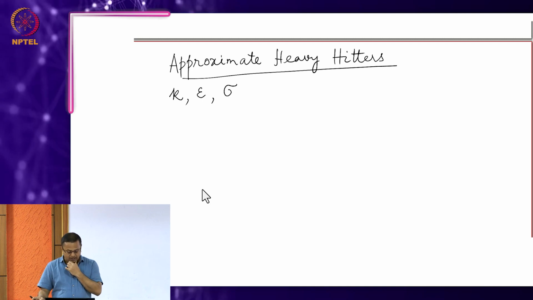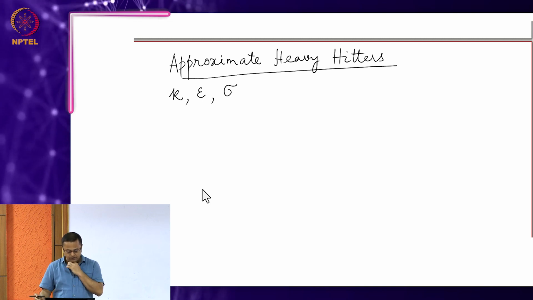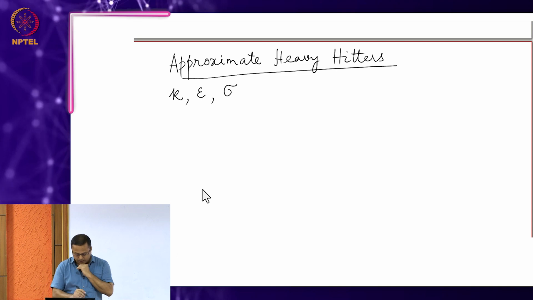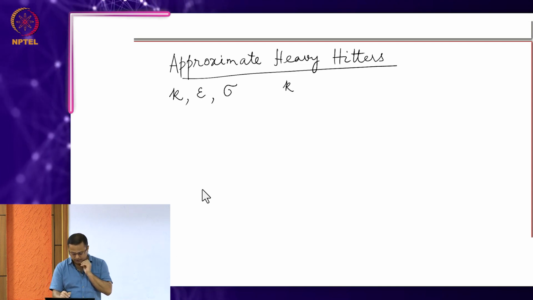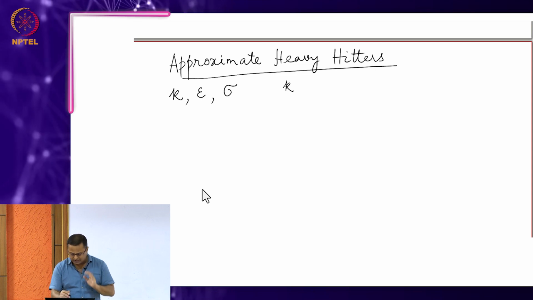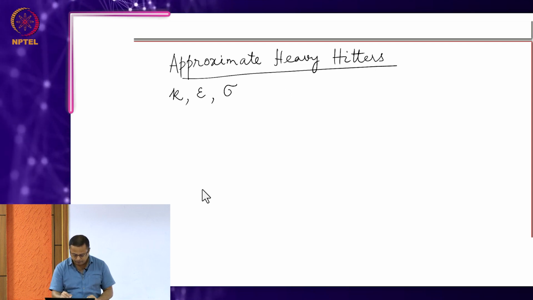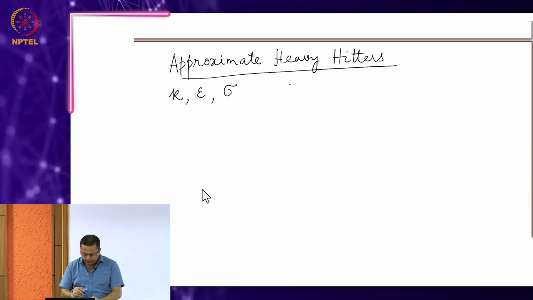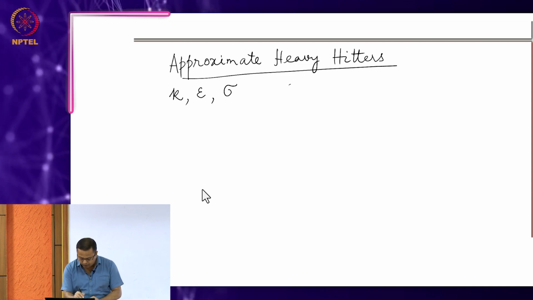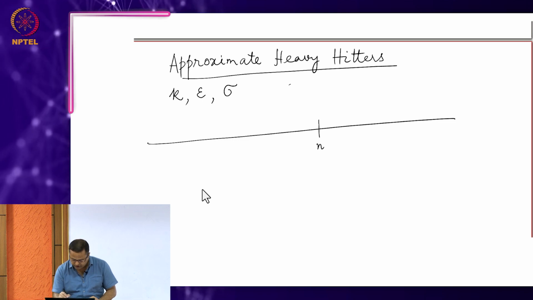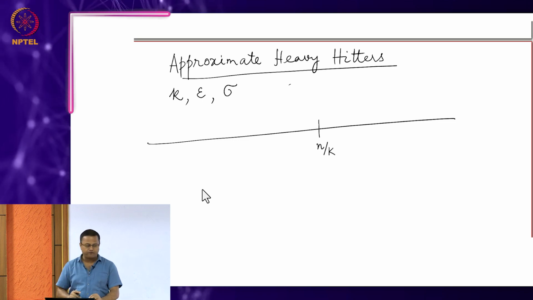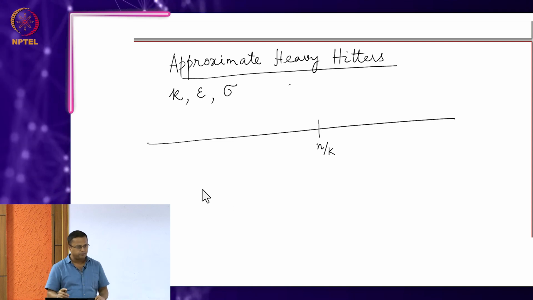Now, as this was kind of a difficult problem, you would work in this setting that k will be much less than n. And see the point is now, say you have some elements which have frequencies more than n by k.